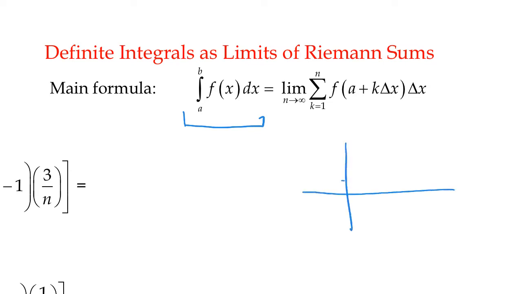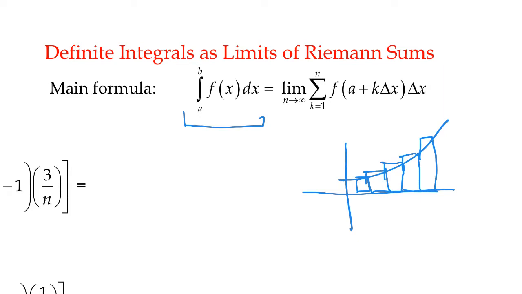So basically, we did Riemann sums where, if you remember, we made rectangles and estimated area under a curve using rectangles. That was called a Riemann sum.